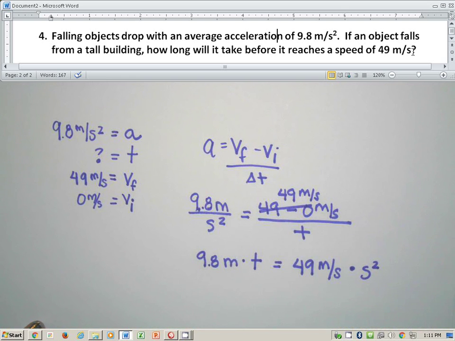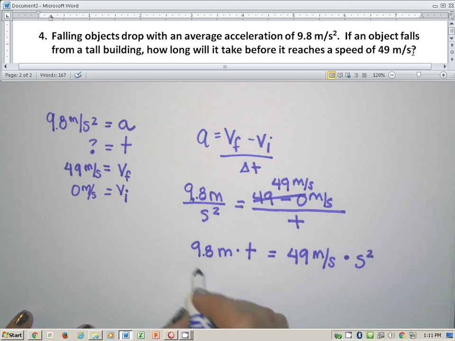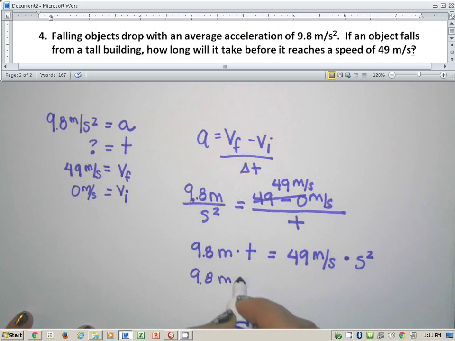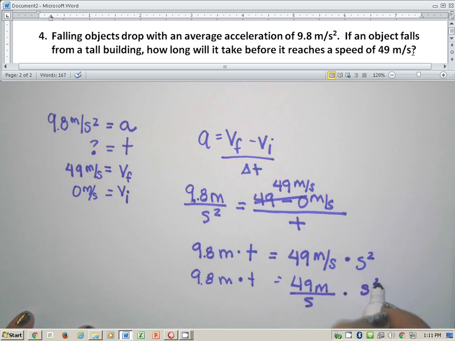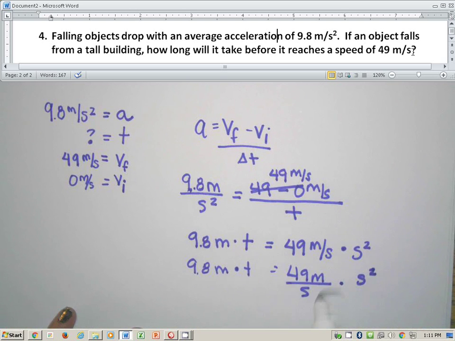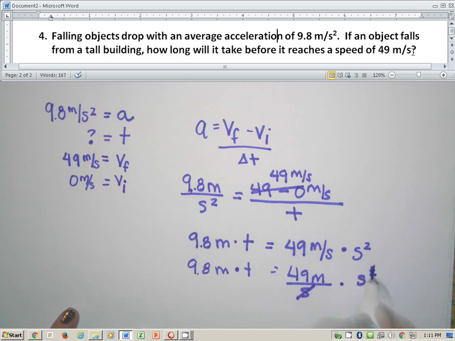Okay, well, when I have meters per second times second squared, maybe it would help too if I write it like this for some folks. If I write it this way, 49 meters over second times second squared would help some people see it. This one's going to cancel, and that's going to become just 1s. So now we've got this kind of a problem.